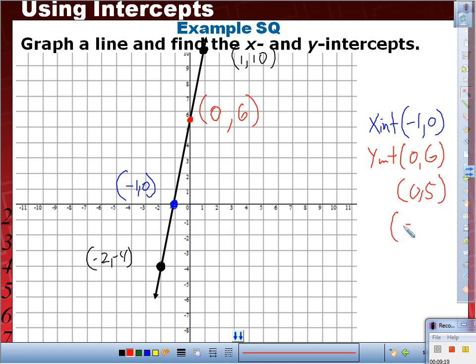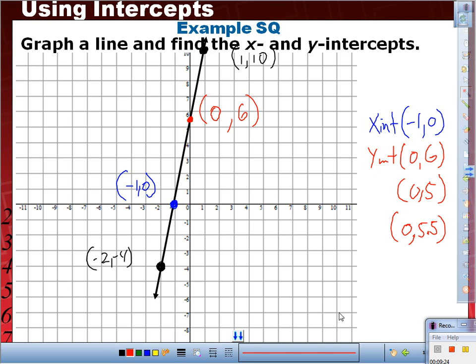And hands if you got 0, 5.5 or something like that. Anyone? No? Was it just mine? Then it's probably just mine that's a little bit off scale. Some of you might have gotten some fraction, but any of those will do for right now. Okay? Any questions on identifying X and Y intercepts?